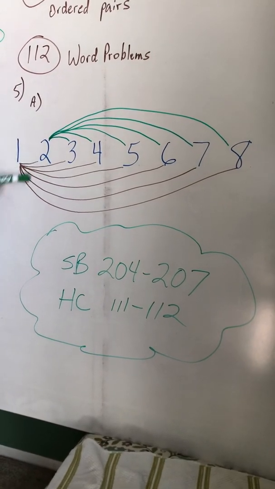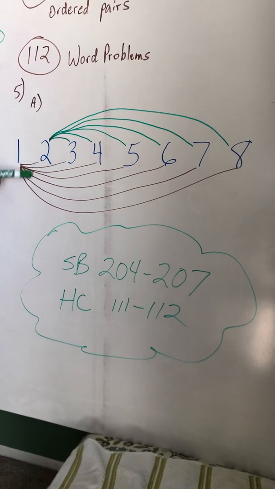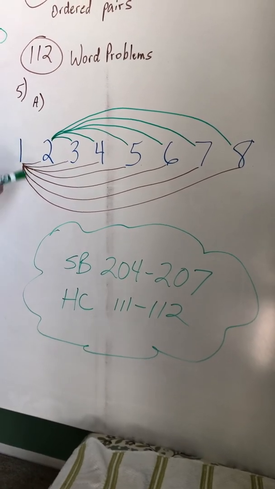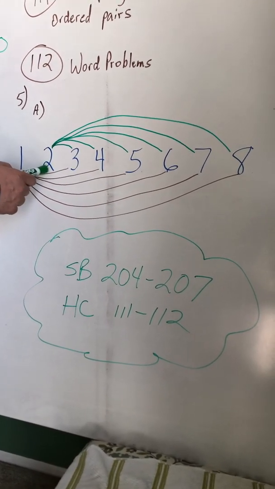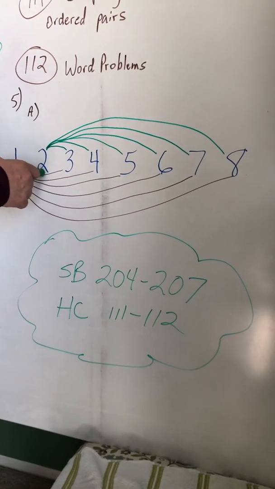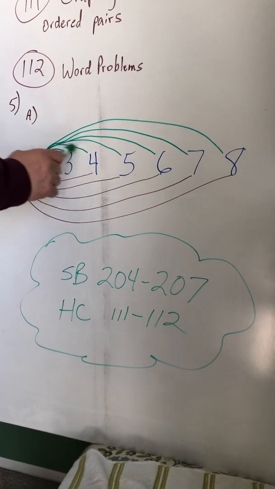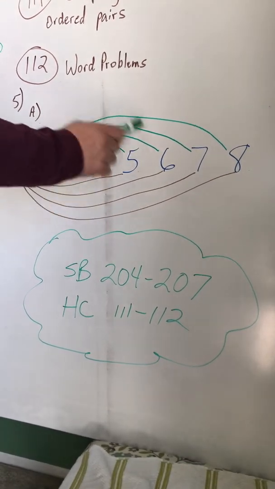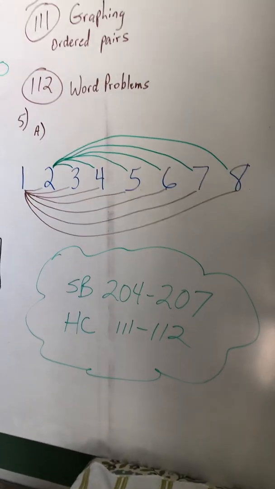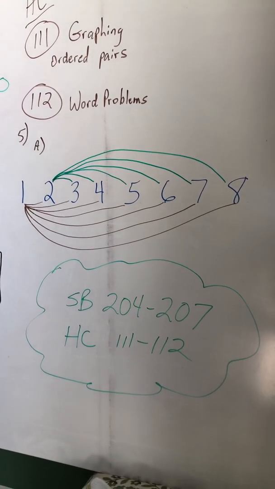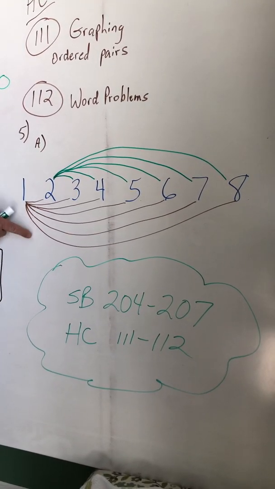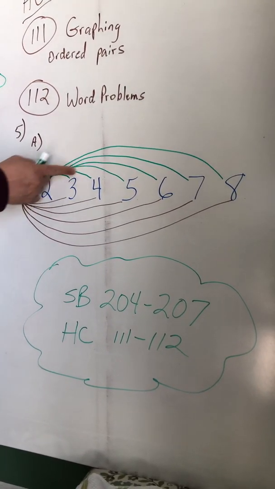Well, there's 7 shakes. Okay? Now, 1 and 2 have already shook hands. So we go to number 2, person 2, they have to shake hands with 3, with 4, with 5, with 6, with 7, with 8. Okay? So here was 7 lines, and here's 6 lines.